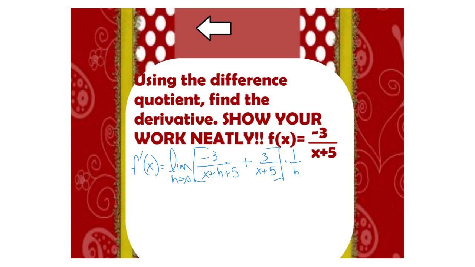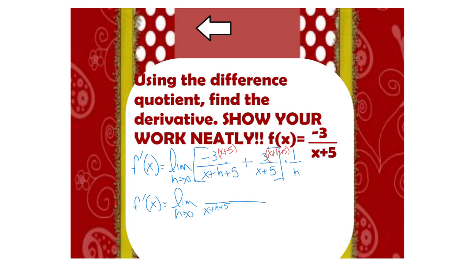Okay, so now you're going to get your common denominator, and these are not similar denominators at all. You got to take each one times the other. So this is an x plus 5 on this side. This is an x plus h plus 5 on this side. Okay, so common denominator, x plus h plus 5.